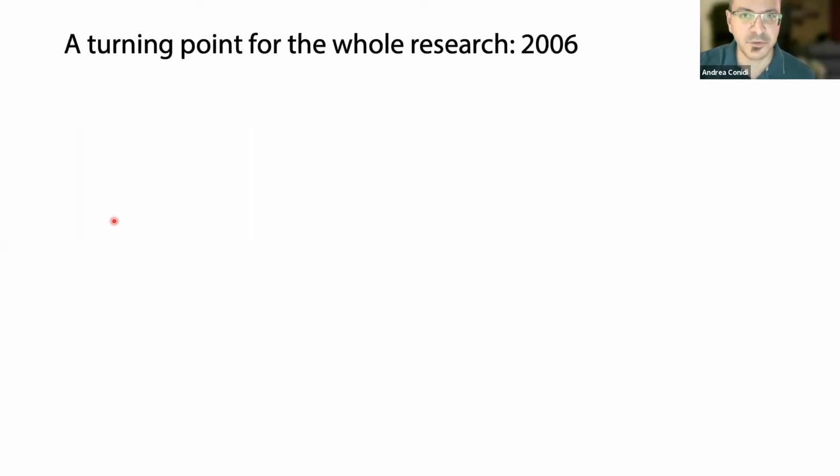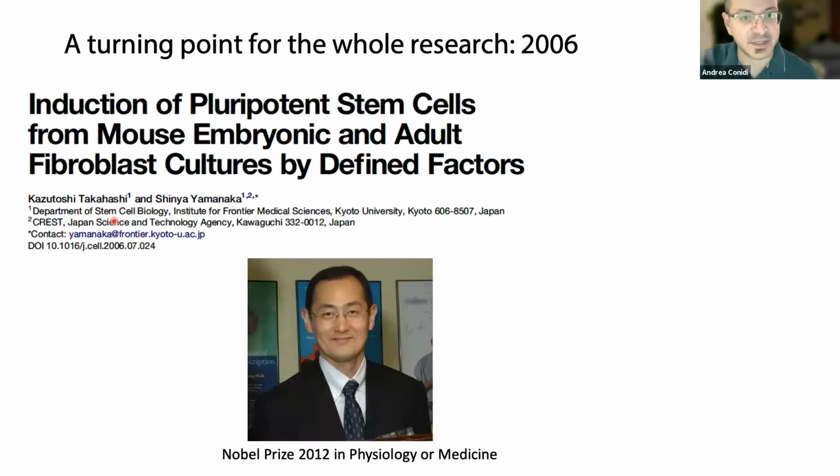I'm going to guide you through the most important thing, the first bullet point that I presented before. In 2006, there was a breakthrough in science: the discovery of a system to create stem cells starting from adult differentiated cells.